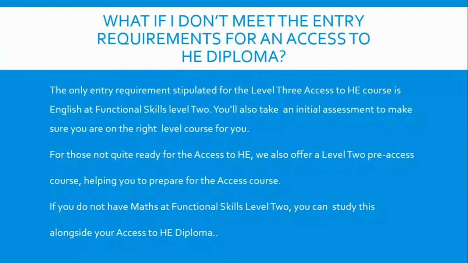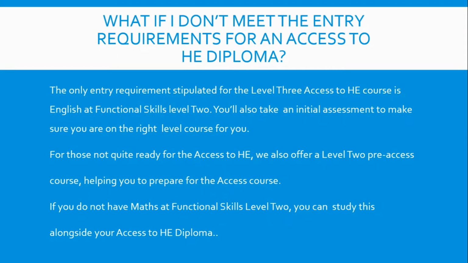If you don't meet the entry requirements for the Access to HE diploma right now, and those entry requirements are level 2 English, if you are planning to do something like psychology at university, the university might then also ask for level 2 maths, in which case, if that's your ambition, we'd advise that you take that as well if you haven't already got it alongside the course.